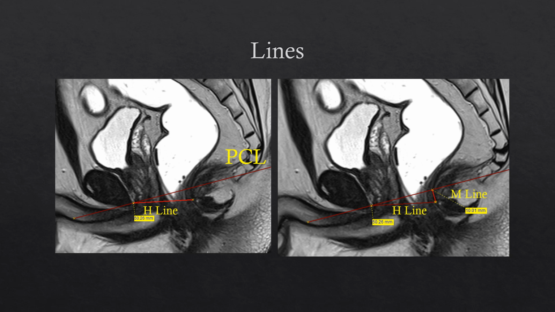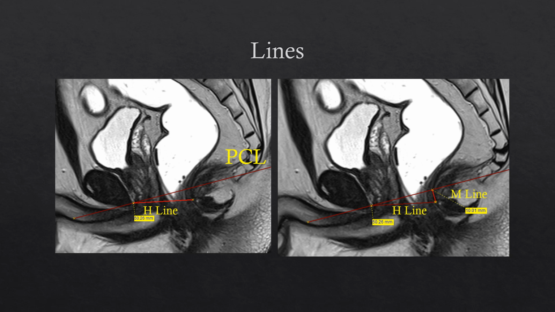Once the rectum starts to taper and ends, this is the junction between the rectum and the anal canal, and you can scroll the sagittal image to detect the puborectalis muscle. This is the site of the puborectalis muscle. So this one is called the H line, and the H line is considered the levator hiatus. In the normal measurements, it should not exceed 5 centimeters.